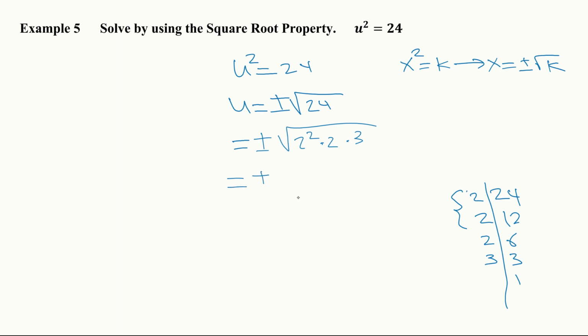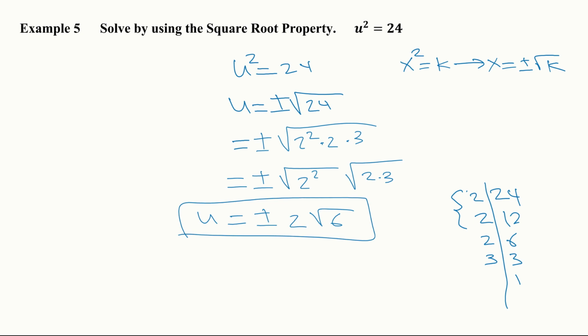Then you can split up the perfect square part and the non-perfect square part. Now what is the square root of 2 squared? What number do you square to get 2 squared? Of course, that's just 2, right? Times radical 6, right? So there's the solution right there in simplified form.